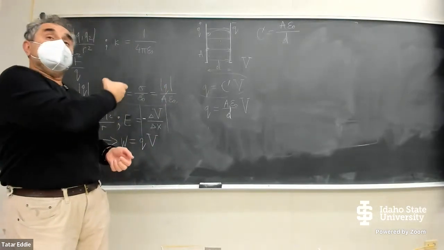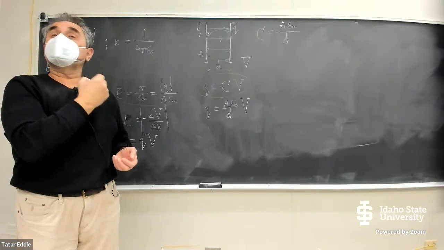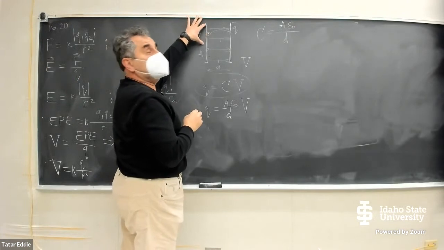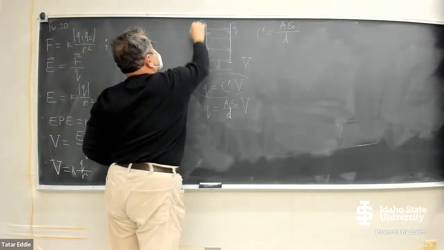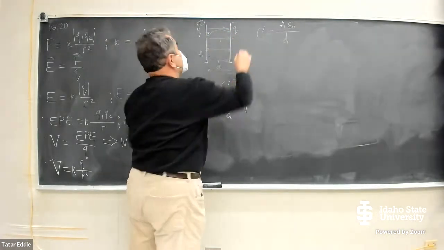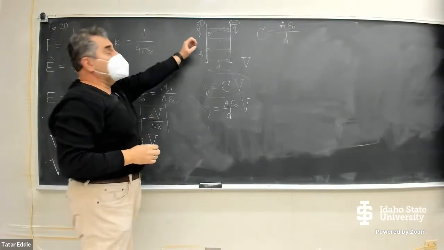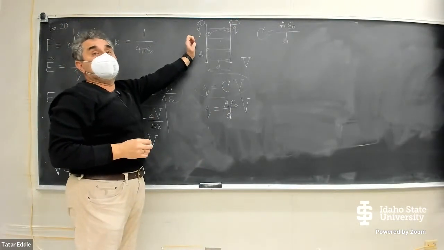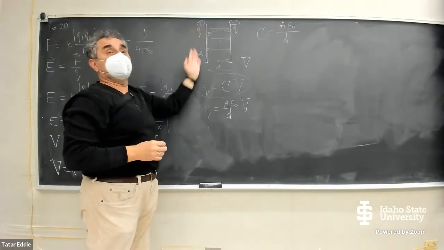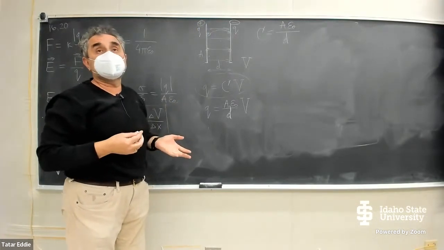Now, when you take the second electron, you're going to have to do some work. Because look, once you removed an electron from this plate, it became positively charged. Once you placed the electron on the other plate, that plate became negatively charged. And now, if you want to move the second electron, that second electron is attracted by the positive plate, the positive plate doesn't want to lose it.